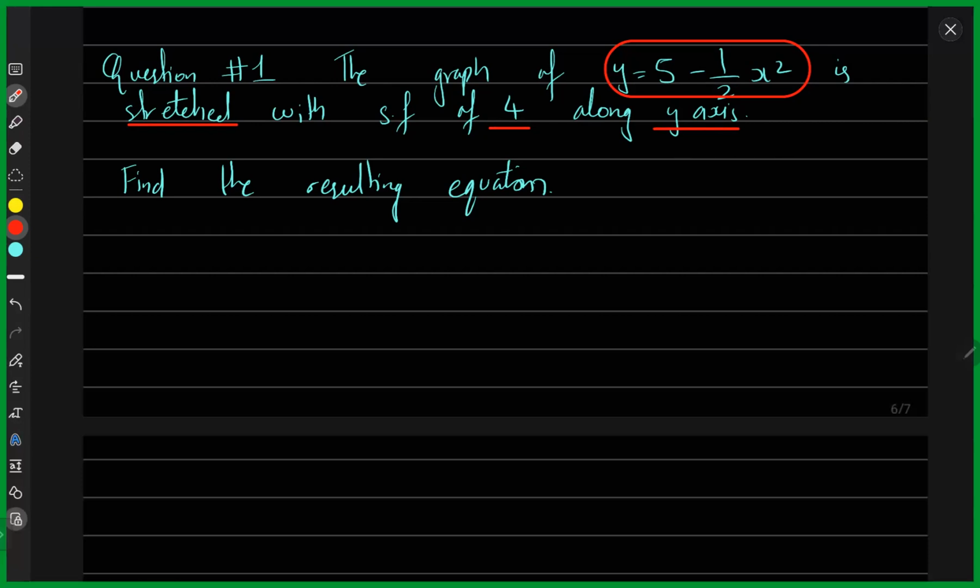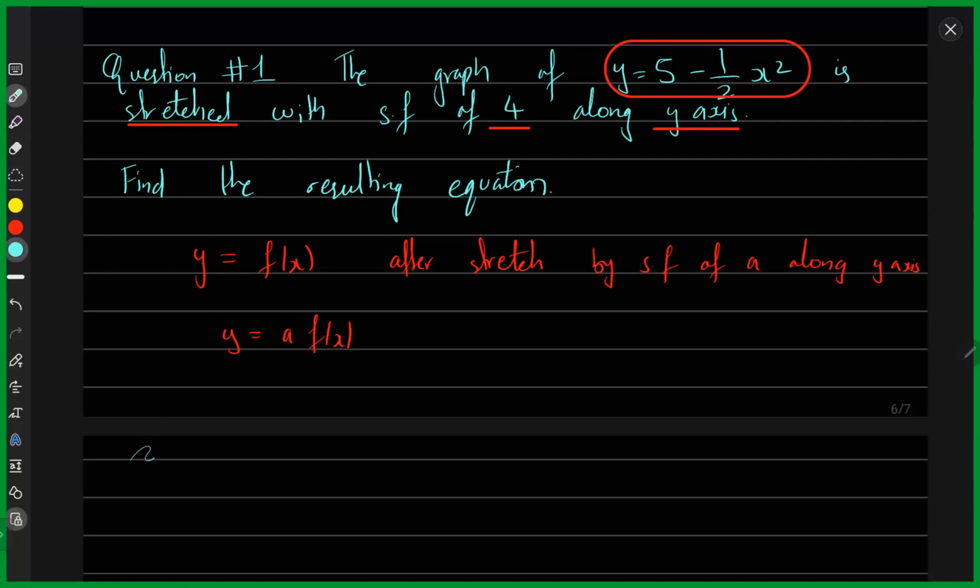Okay, we know that if it is y equals f of x, after stretch by a stretch factor of a along the y-axis, it becomes y equals a multiplied by f of x.